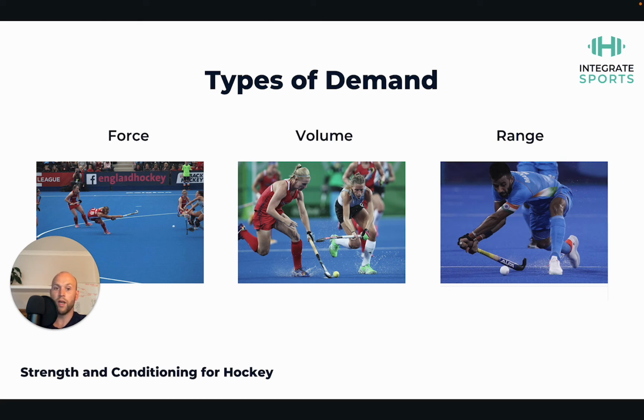And finally, range. We know from simply observing the sport and from research that the positions we're trying to get into in hockey are pretty extreme in terms of the range of motion at the hip, the positions thoracically we need to be in, and these low repeated positions. So if we haven't got the adequate range at the ankle joint, the hip joint, the lumbosacral joint, the thoracic spine, there'll be more stress placed on tissues, because stress is force divided by cross-sectional area.